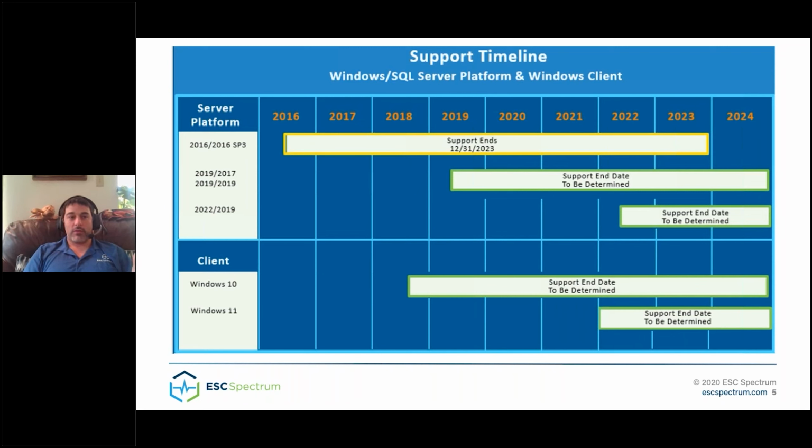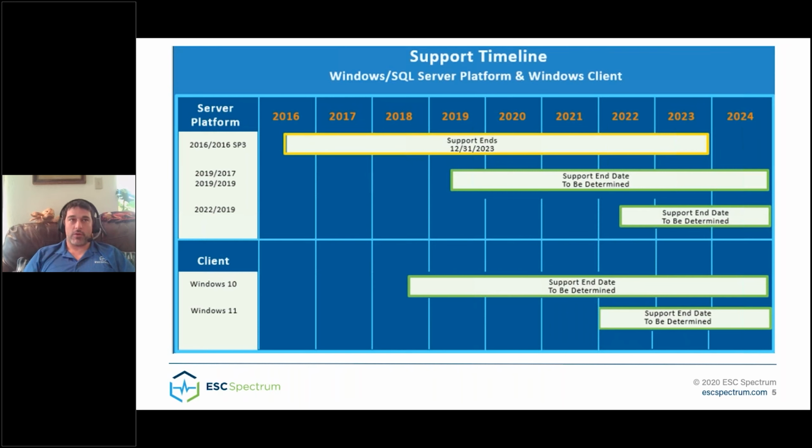As you can see, SQL Server 2016 SP3 with Windows Server 2016, we're going to end support for that at the end of 2023. But for Windows with SQL Server 2017 to 2019, we have not yet determined an end date for that, and the same with Windows Server 2022 and SQL Server 2019.